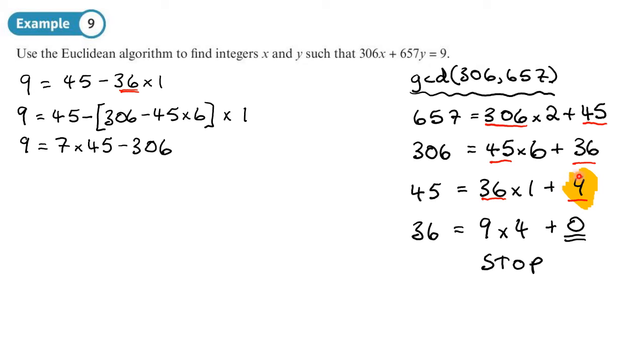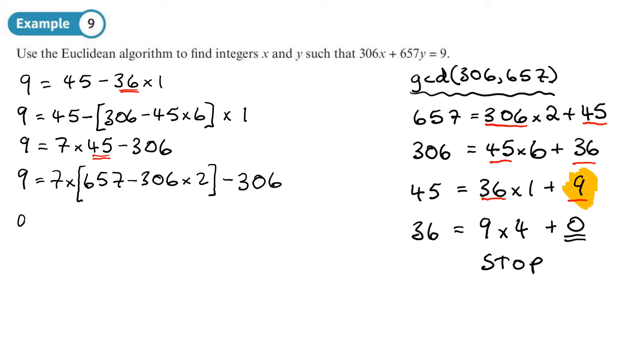Right, okay, so we've used this line of working here. So now we go back to this line of working and we can write 45. The 45 that's here, we can write as 657 minus 306 times 2. So 9 equals 7 times by, replace the 45 with 657 minus 306 times 2, and then that's minus 306.